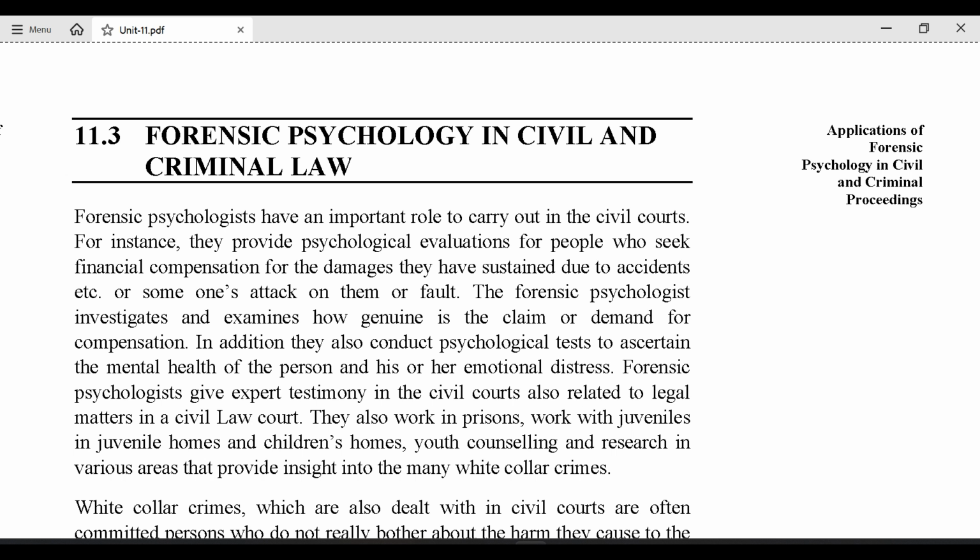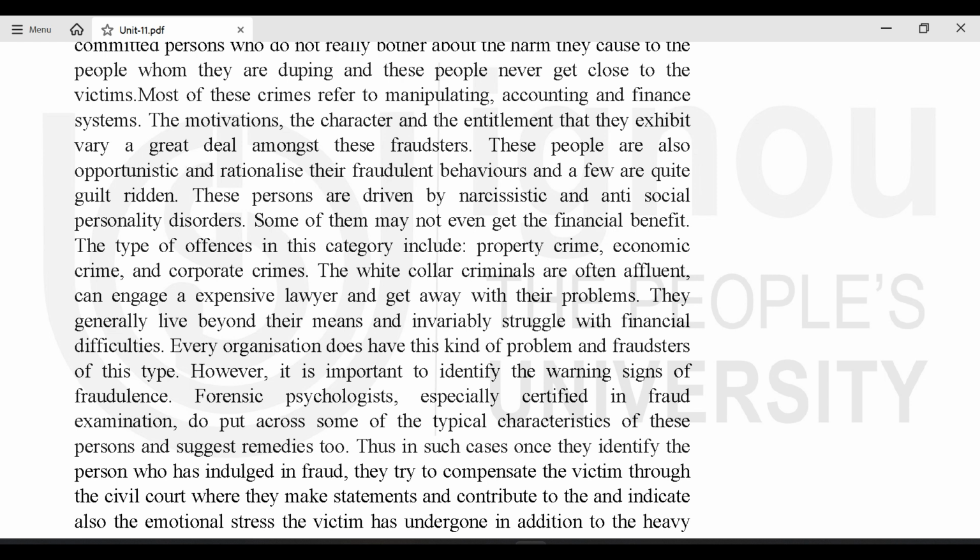They also work in prisons, work with juveniles in juvenile homes and children's homes, youth counseling and research in various areas that provide insight into the many white-collar crimes. White-collar crimes, which are also dealt with in civil courts, are often committed by persons who do not really bother about the harm they cause to the people whom they are duping, and these people never get close to the victims.